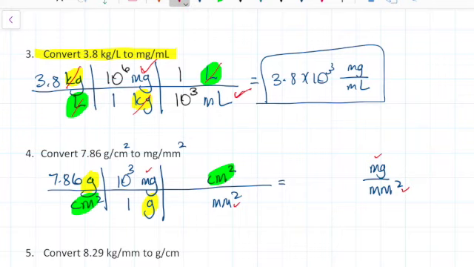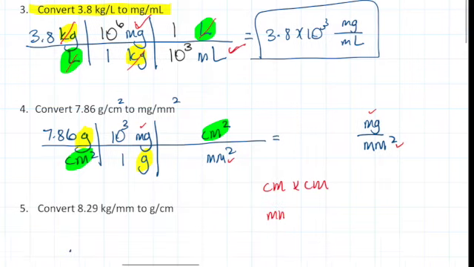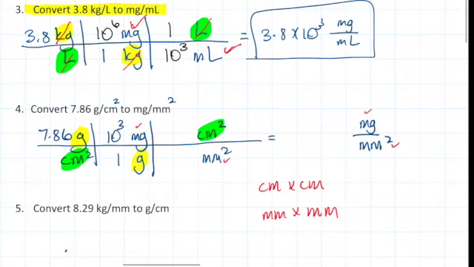What does centimeters squared mean? It means centimeters times centimeters. And millimeters squared means millimeters times millimeters. Well, up above we just said how there was 10 millimeters in 1 centimeter. So how many millimeters squared are there in 1 centimeter squared? Well, if it's squared, I have to square my number.